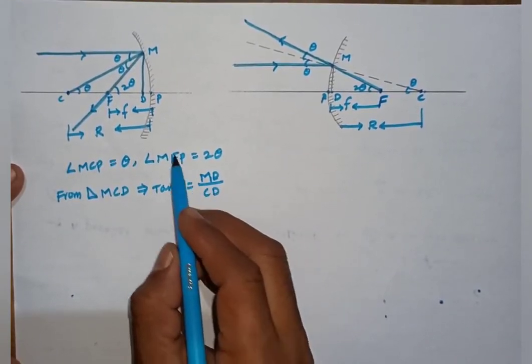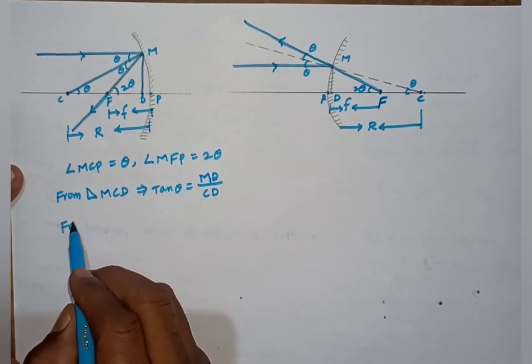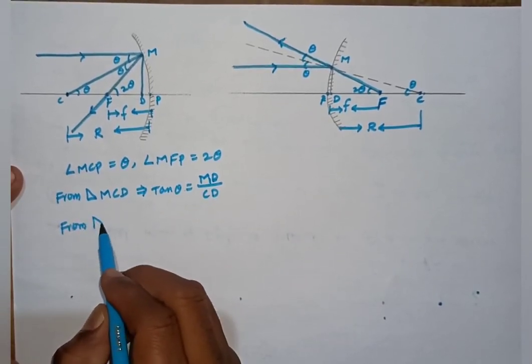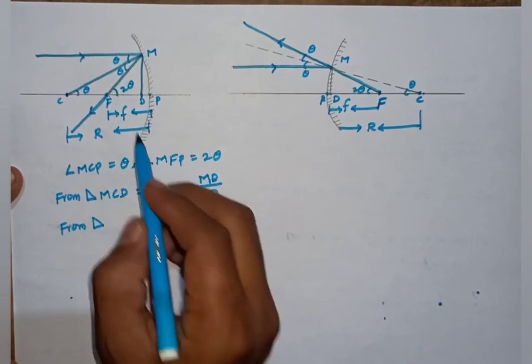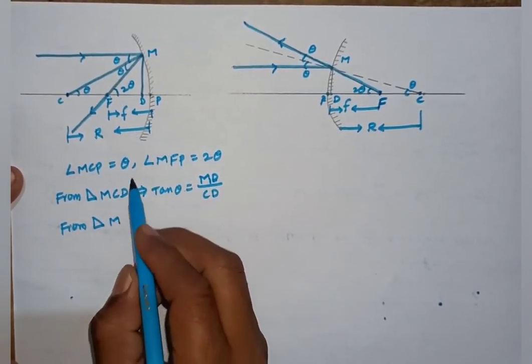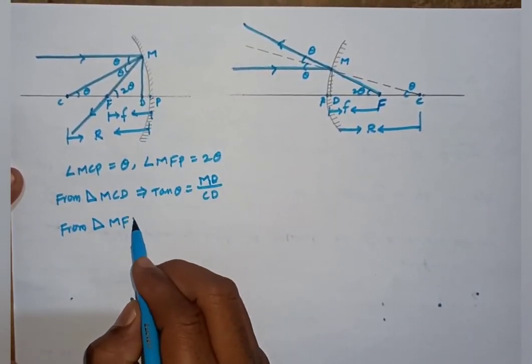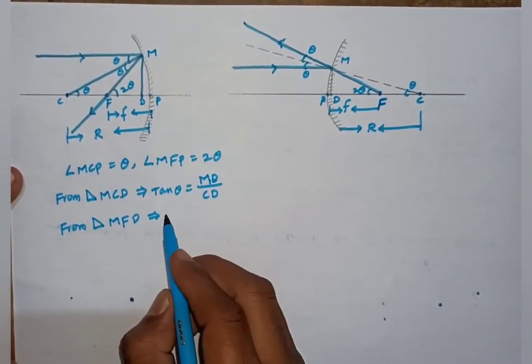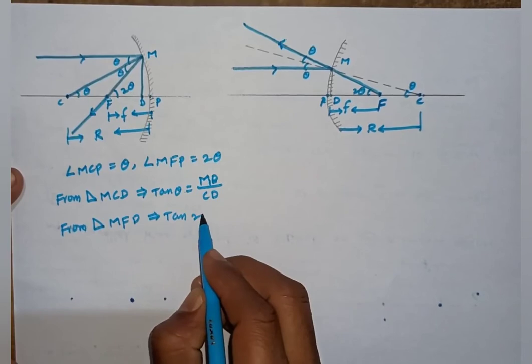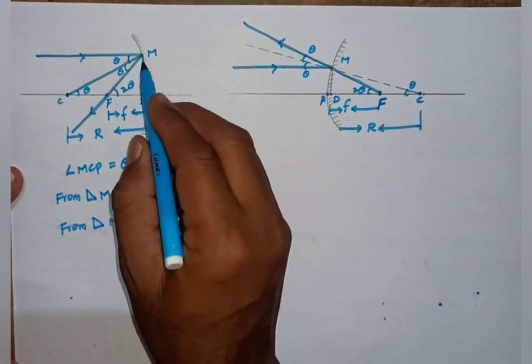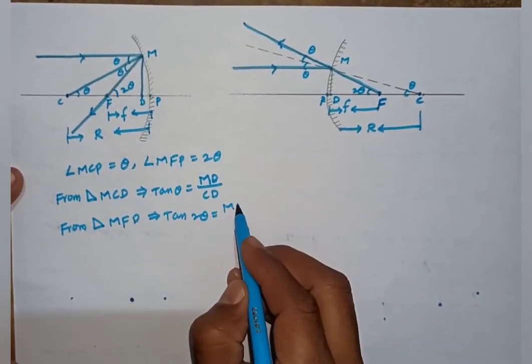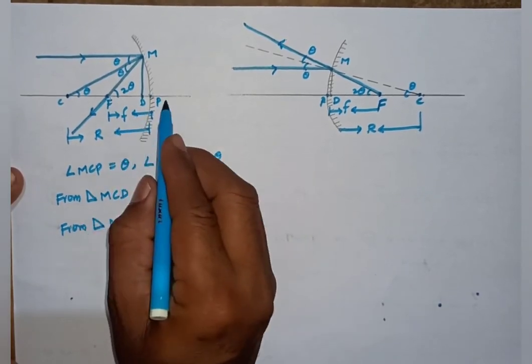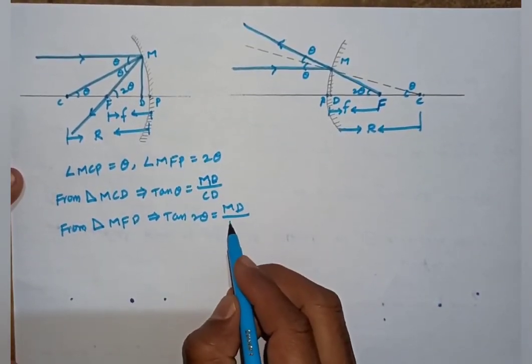And again from triangle MFD, here the angle is 2 theta. Tan 2 theta equals MD by FD.